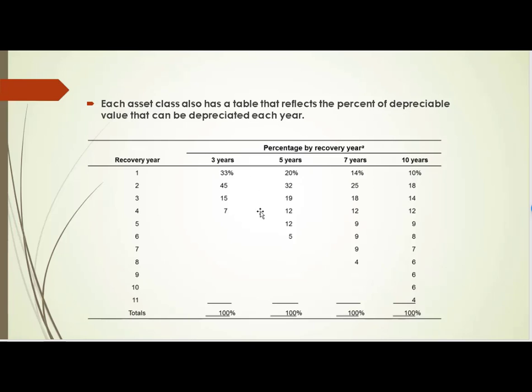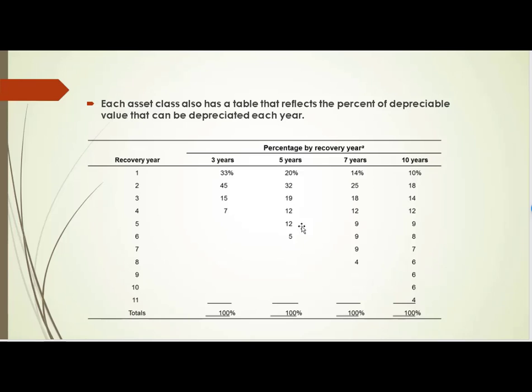Going with that, there also is a table that we can use to get the depreciation expense on an annual basis. So if you have an asset that's a 3-year asset, the very first year you can depreciate its basis by 33%. So you just take 33%, multiply that by the depreciable basis. That's the depreciation you take in year 1. Now what I want you to pay close attention to is a 3-year asset is depreciated over 4 years.